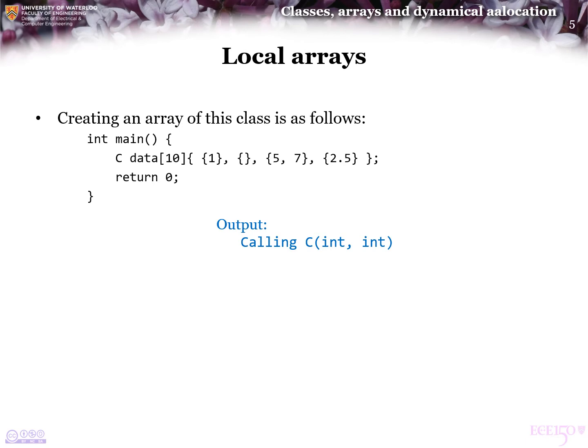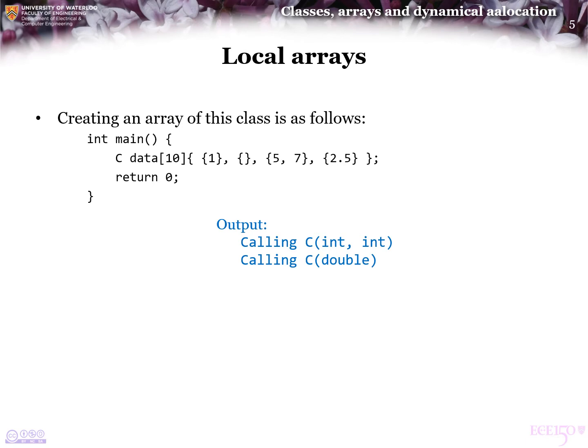The second calls the constructor with no arguments. The only constructor that can be called with no arguments is the one with a double, where the one parameter has a default value of 0. So the second entry of the array would be initialized by the constructor with a double.